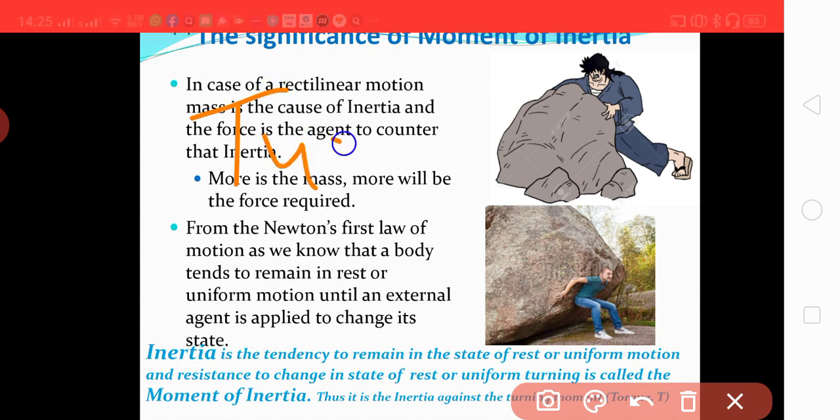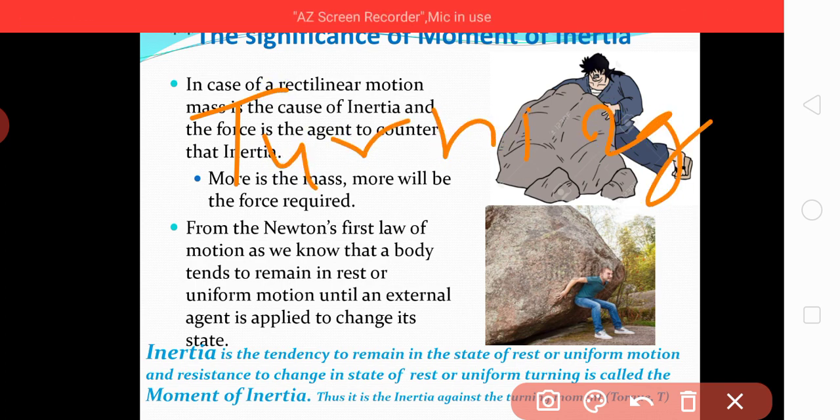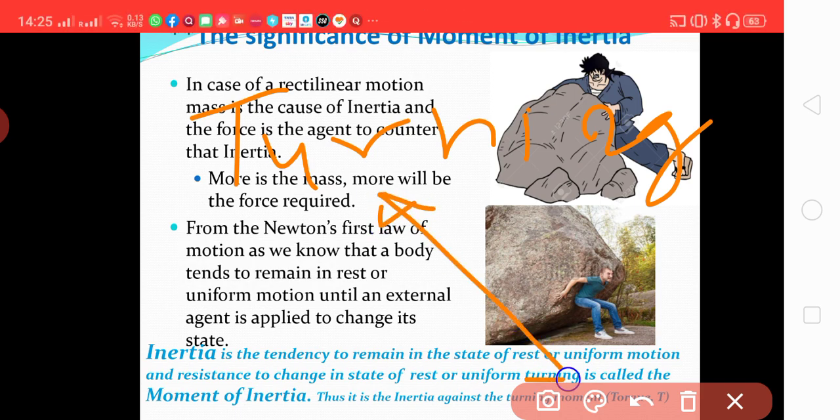Turning, which earlier I could miss. This is the effect of turning, the important factor. So, the resistance to change the state of rest or uniform turning moment is called moment of inertia.